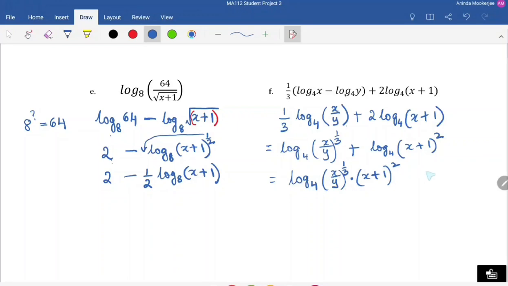Now you can either leave it like that, or if you wish you can rewrite the x divided by y to the 1/3 as cube root of x divided by y, times x plus 1 whole squared. And that would be the completely condensed form of the expression.